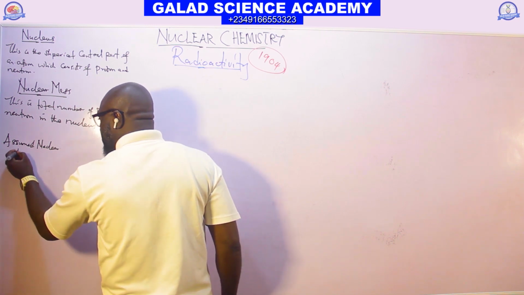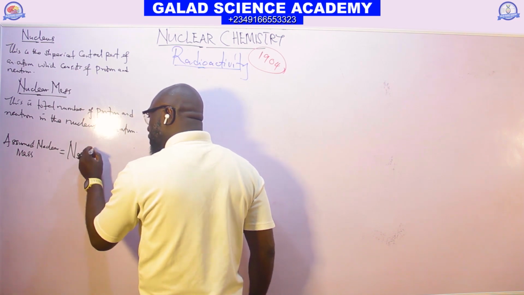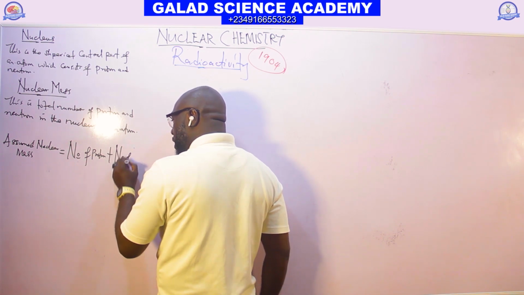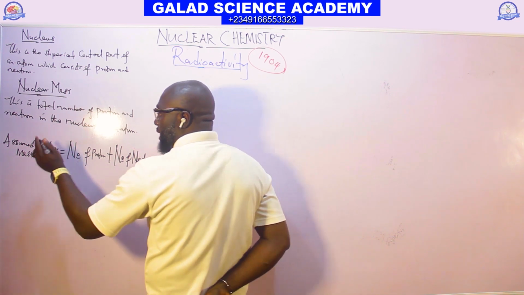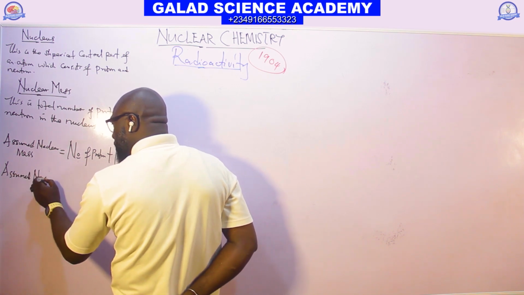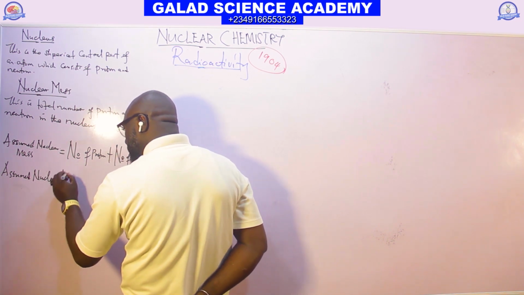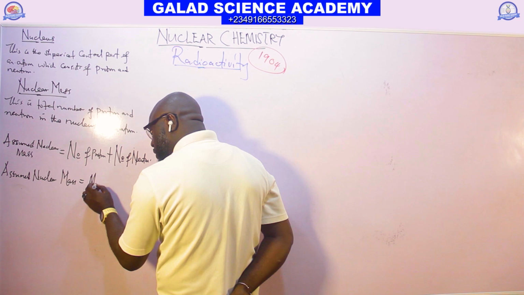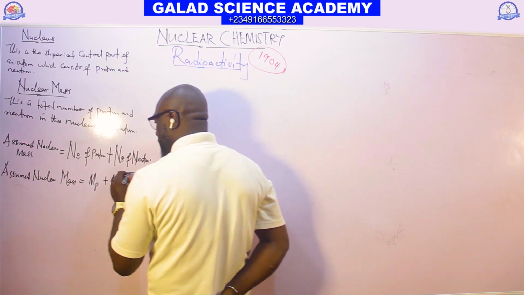Assume nuclear mass will be equal to the mass of proton plus mass of neutron.